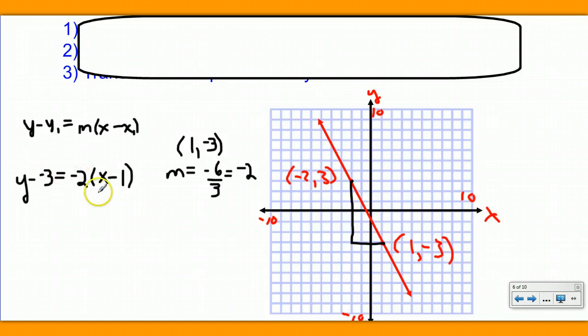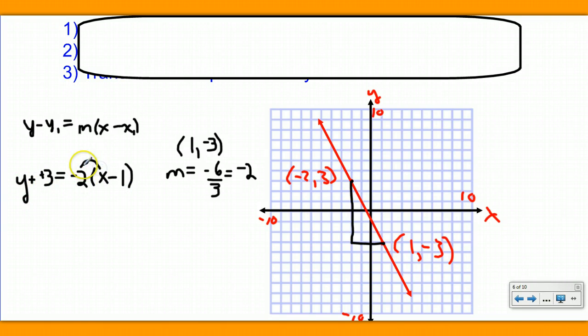We can actually take it the next step and transform it to our favorite form, slope y-intercept, right? As we look at the left side of this equation, how could this be simplified? Good, we can add the opposite, right? So y plus 3 equals -2 times x minus 1. To transform it to slope-intercept form, we need to isolate y, right? Before we do that, let's simplify both sides of this equation.